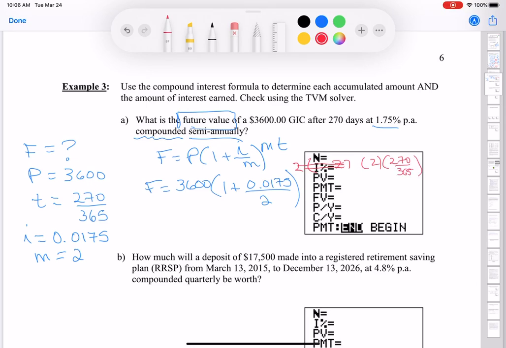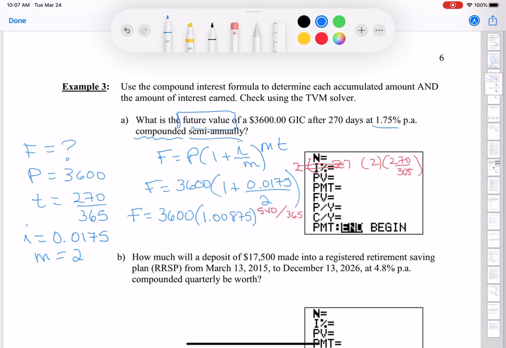Alrighty, so let's clean this up again so it looks a little bit nicer on the next line and is a little bit easier to put into our calculator. I'm going to crunch out the inside part of the brackets, and I get 1.00875. I can also simplify my exponent to be 540 over 365.